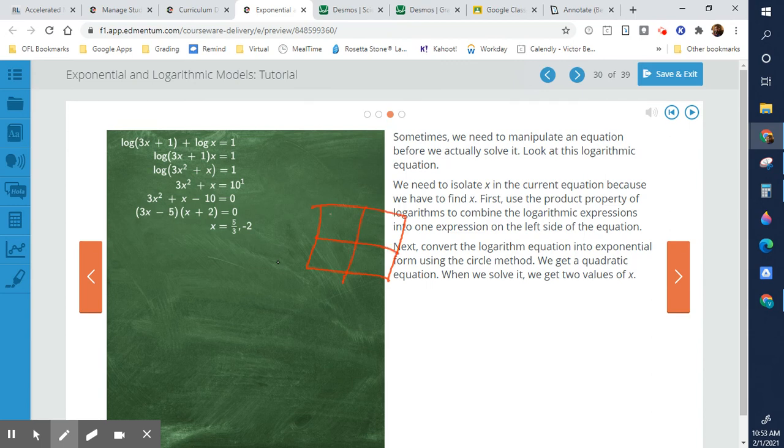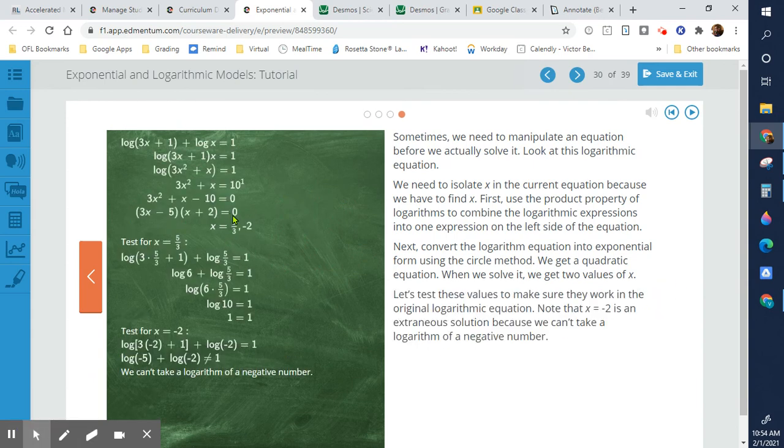They put the 3x squared here, a little x here, negative 10 here, and then they come up with these as the numbers that go here. They come up with this 3x minus 5 times x plus 2, and that's equal to this, so they're just substituting it in. All right. So from here, we get two answers.